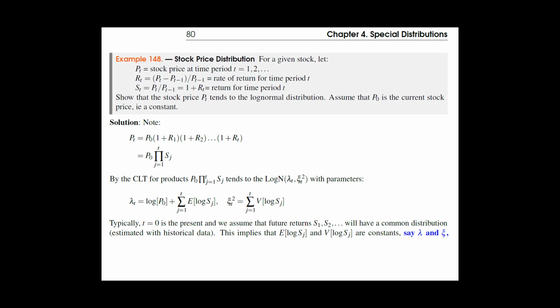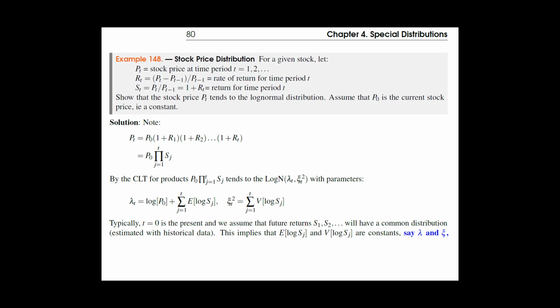These are periods. Let's say they're monthly or weekly. So T is the time period. So after T time periods, you're going to have this much. And each of these RIs is the rate of return in each period.